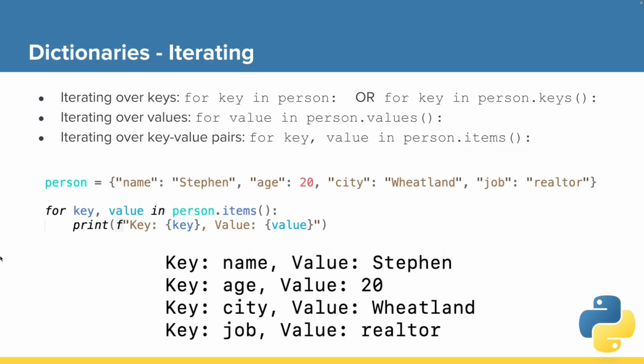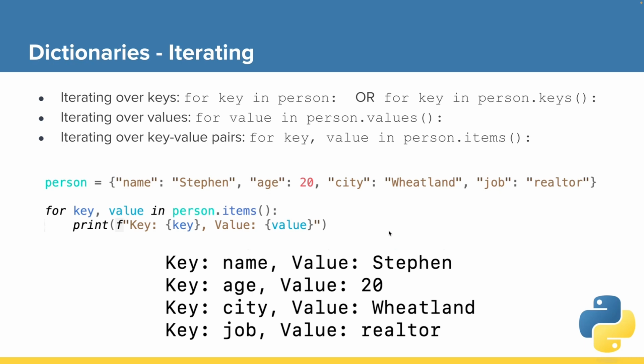That will iterate over our key and value pairs, as we see in this example. For key, value in person.items, print the key and the value. And that has printed the string key with the names of our keys, and we've printed the string value as well with the names of our values.